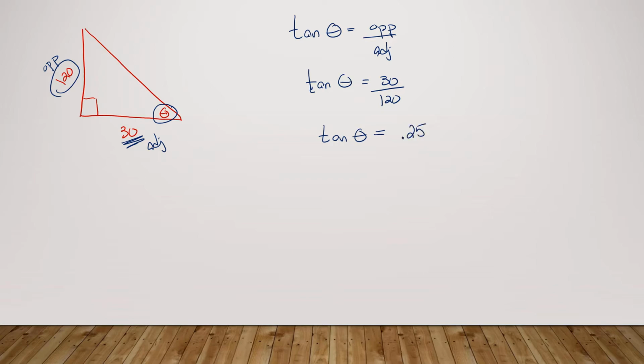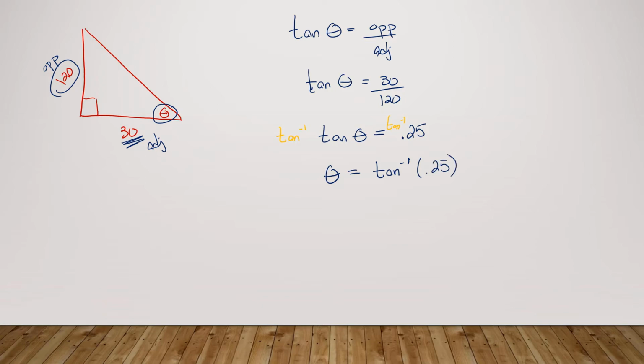0.25. And now I have got to get theta by itself, because that's my unknown, isn't it? So to get theta by itself, I got to get rid of tangent, which means you have to take the tan inverse of both sides, don't you? Which leaves theta equaling the tan inverse of 0.25.